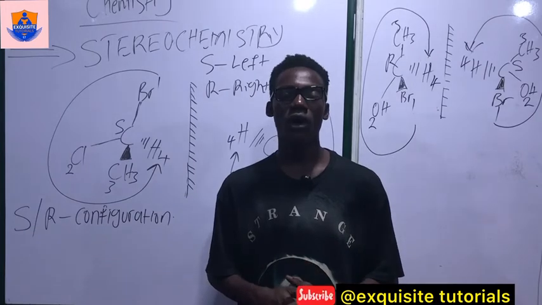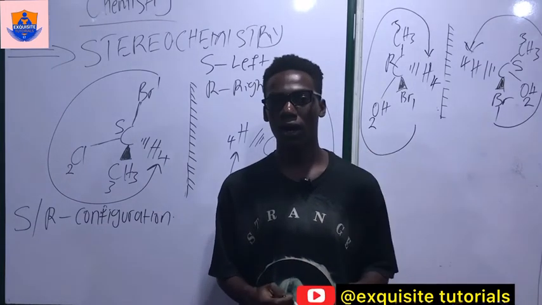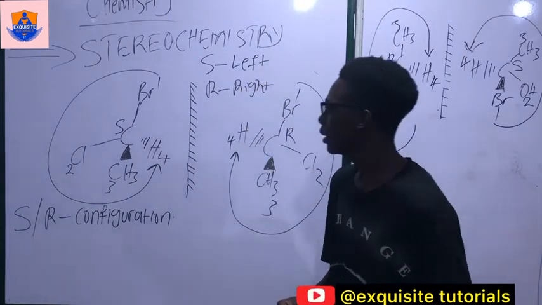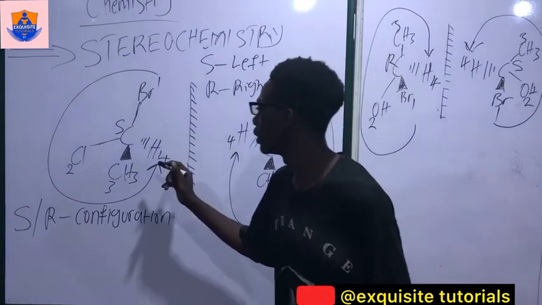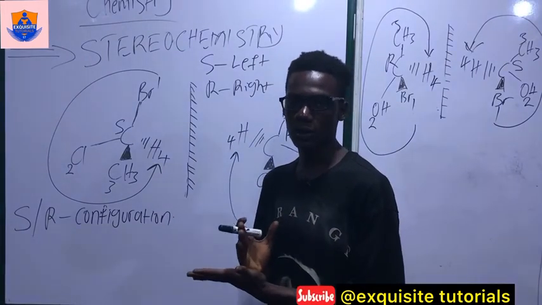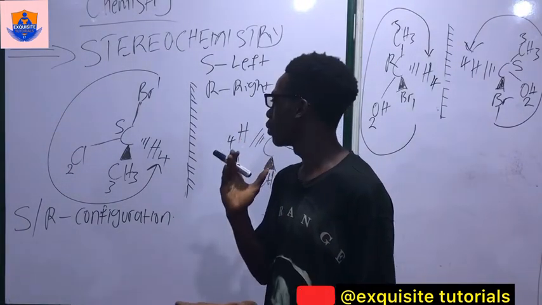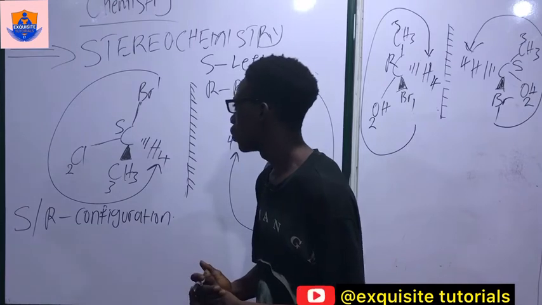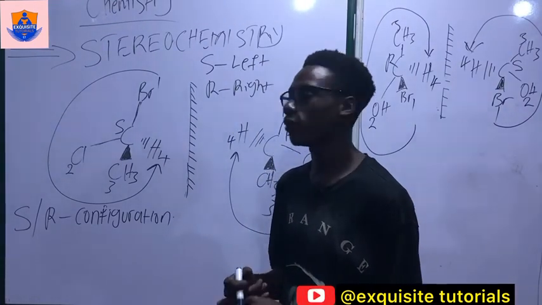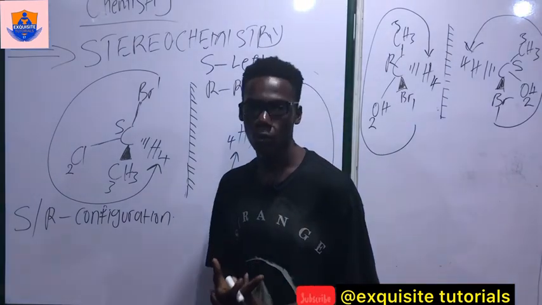I just said that all chiral carbons are enantiomers. So once you see a carbon that contains four different groups or elements on it, it is said to be an enantiomer, which is also a chiral carbon. So therefore, it is non-superimposable.